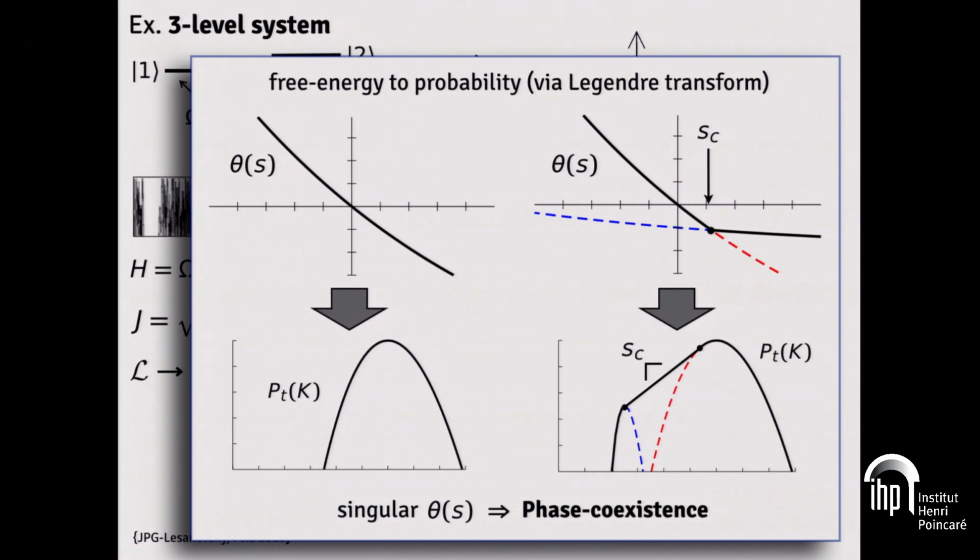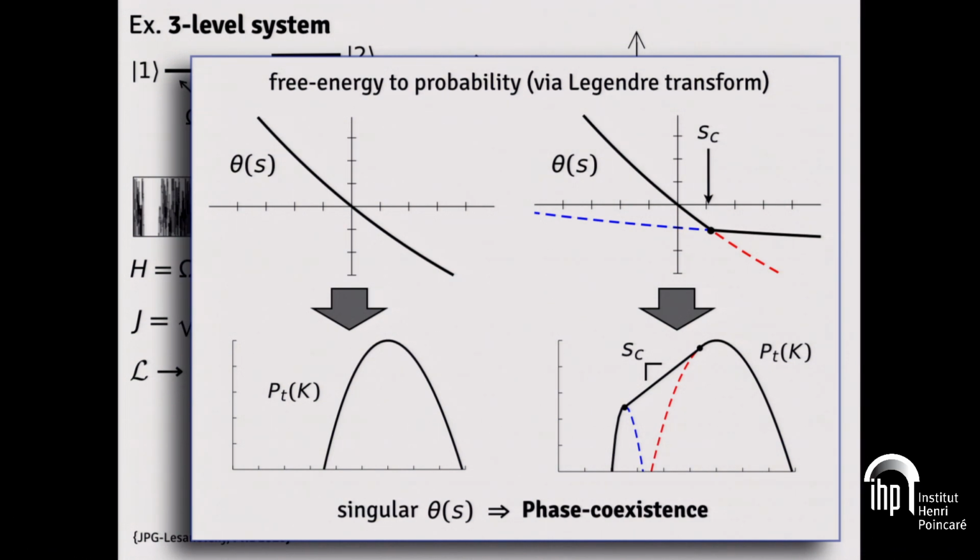But when the free energy bends, and in particular when there is one branch that crosses another branch, and you always have to choose the largest in this description, like in StatMech you choose the lowest, then with the Legendre transform, for each branch you would get one node. That would be the probability associated to that branch, but because they cross, there is a Maxwell construct.